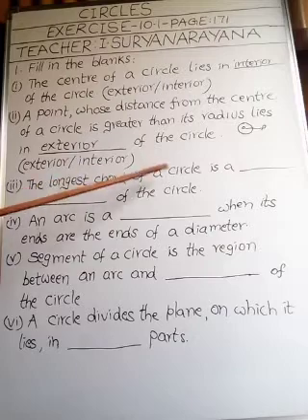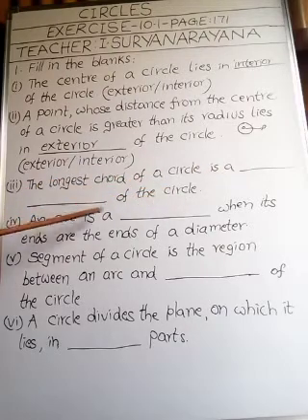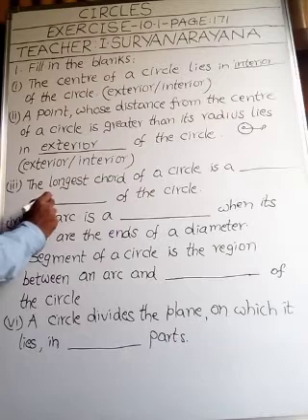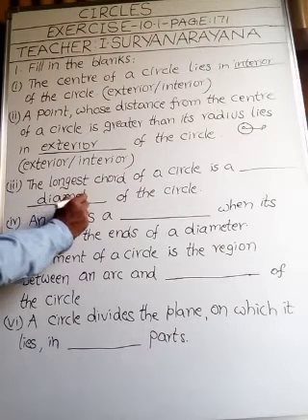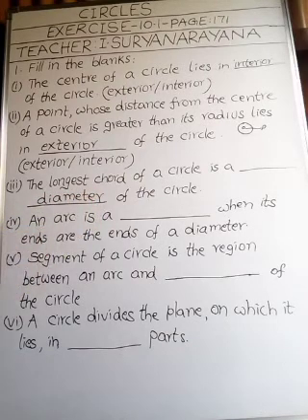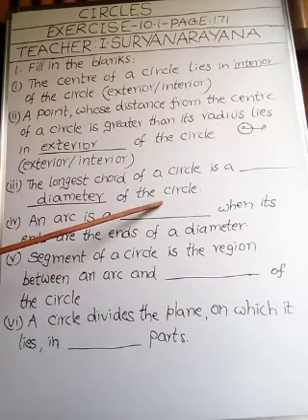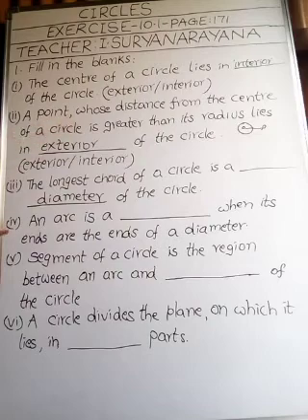The longest chord of a circle is dash of the circle. What is called the longest chord of a circle? Yes, diameter. The longest chord of a circle is called the diameter of a circle. Understood this one? Right. Come to the next one.